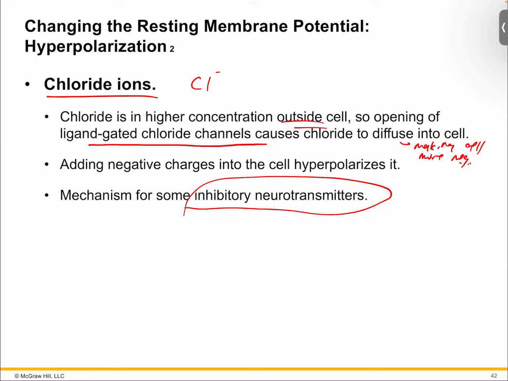Some neurotransmitters are excitatory or activating, and others are inhibitory. The inhibitory can inhibit by hyperpolarizing, right? Basically making you less prone to depolarizing. So you're going the opposite direction of depolarizing. Depolarizing is activating, hyperpolarizing is deactivating. That makes sense?